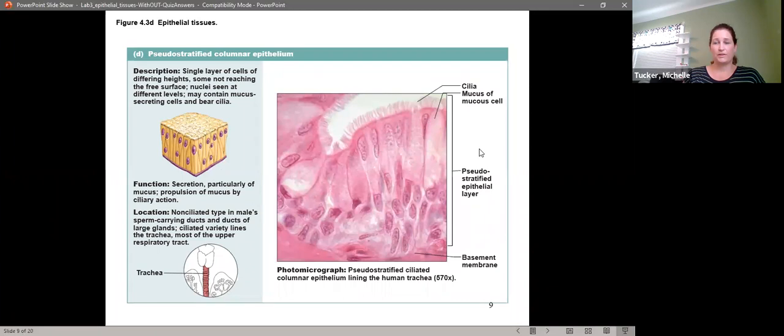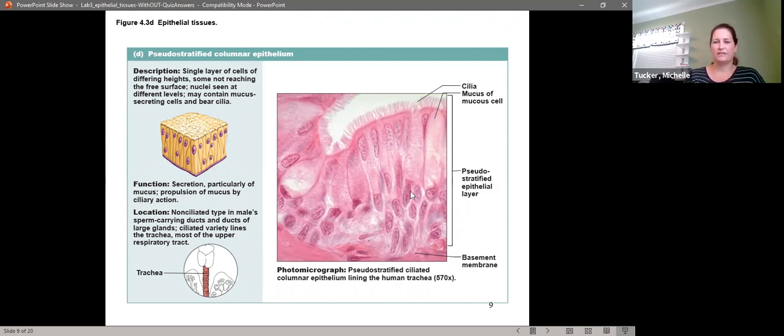Our fourth epithelial specimen is still a simple tissue. It's still only one layer, because these cells, even though they look a mess, they all still attach to this basement membrane. So it's called pseudostratified, a false sense of stratification.